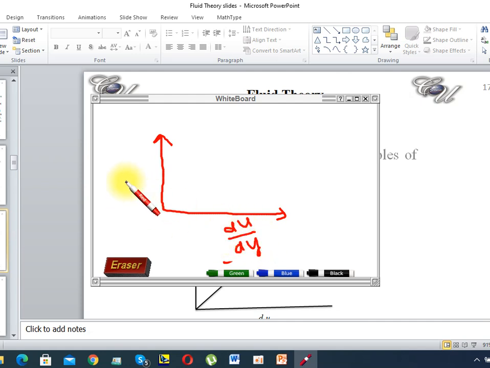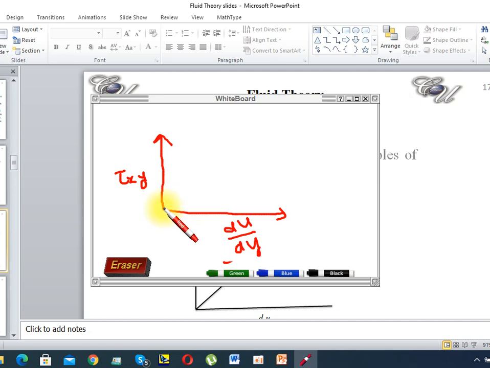This derivative shows the deformation, and on this axis we have the stress. Actually this is the subscript. I have already discussed that for stresses, the subscript shows on which plane it is applying and in which direction. So in this case the plane is x and the direction is y.